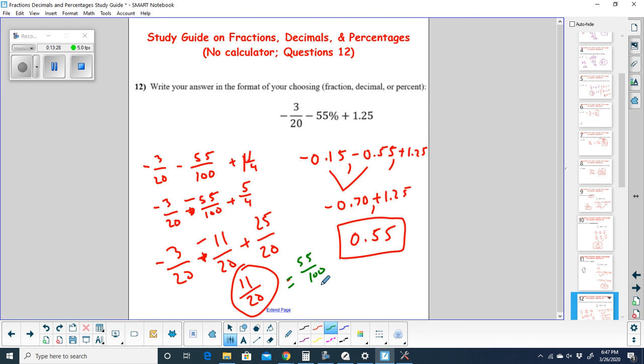So the answer is positive 55 over 100, which, by the way, is also 55%. Any of these are acceptable. Stay tuned for the next video where I'm going to do questions 13 through 20.